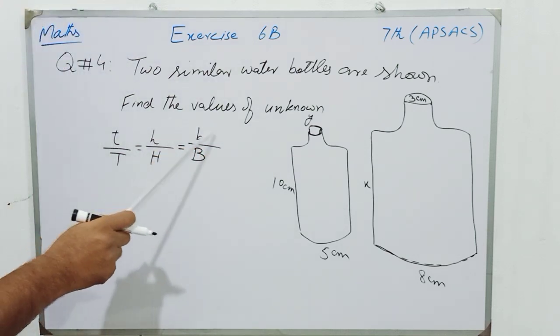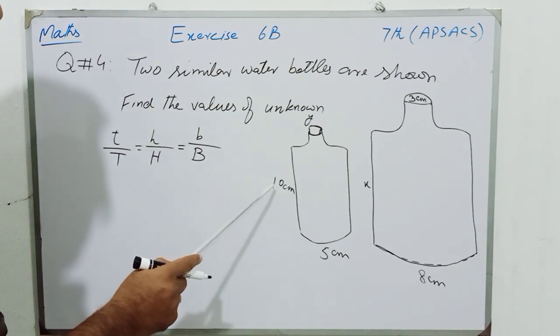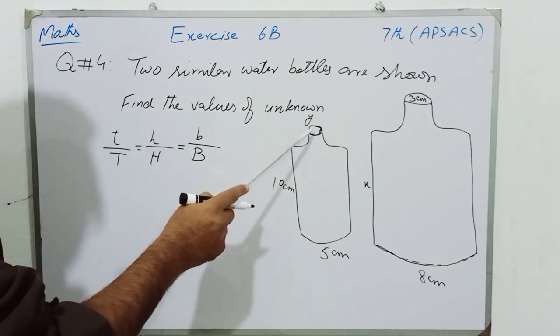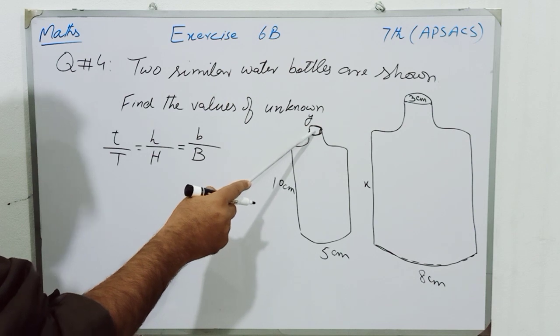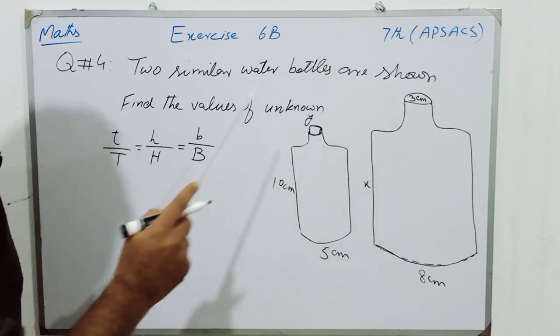Now we will replace the values. Keep in mind that the small t means top of small bottle, and capital T means top of large bottle. Clear, students?